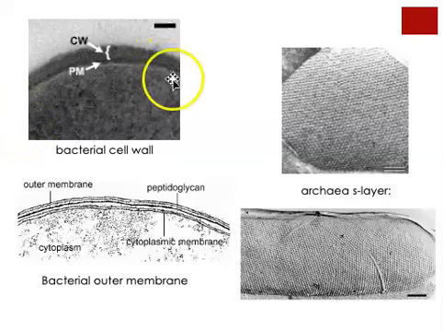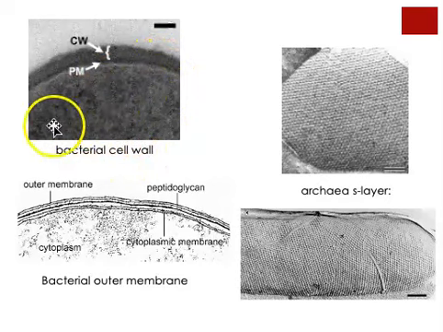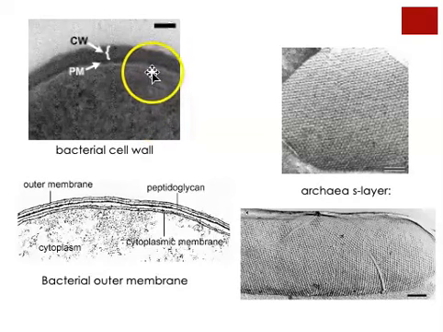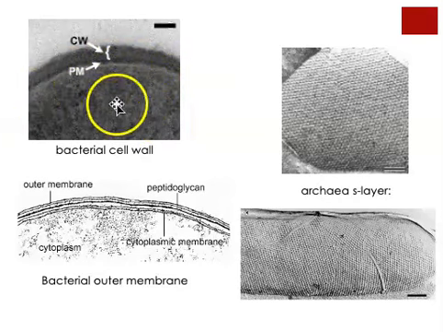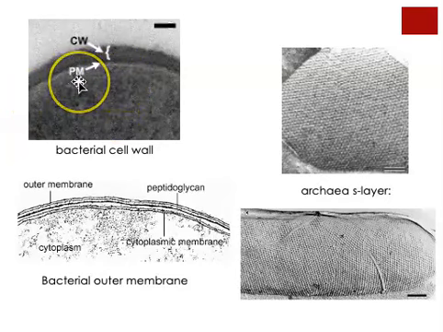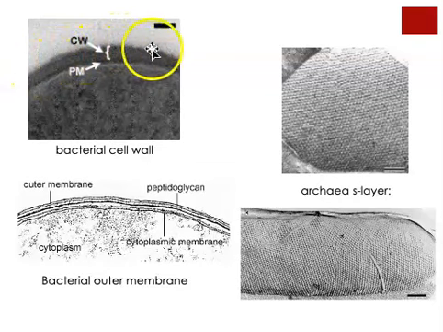We're just looking at one little region of it. The cytoplasm is right here. The plasma membrane is surrounding the cytoplasm. They've got it labeled as PM. And then you can see there's this darker structure surrounding the plasma membrane. That's the cell wall. Bacteria are surrounded by a cell wall made out of peptidoglycan.